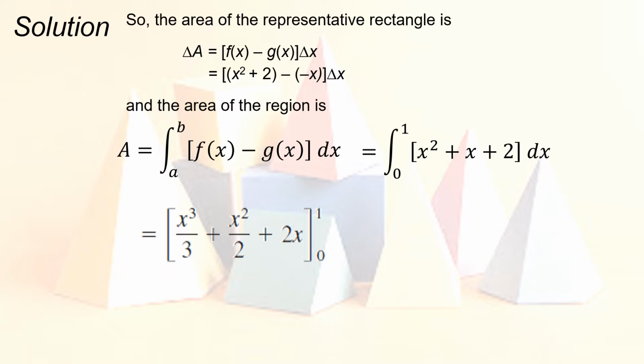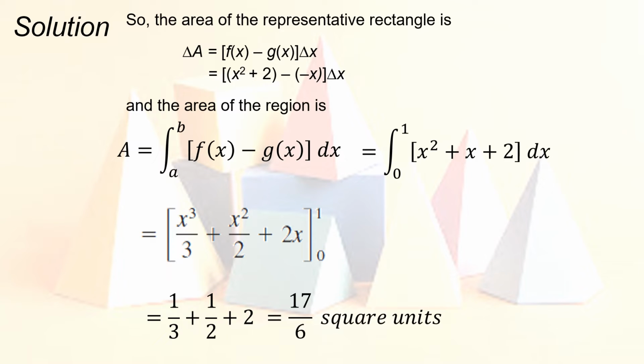And then substituting 1, because we all know that if we substitute 0, it is equal to 0. So therefore, we have 1/3 plus 1/2 plus 2. It is equal to 17 over 6. And don't forget the units. So we have square units because we are talking of area.